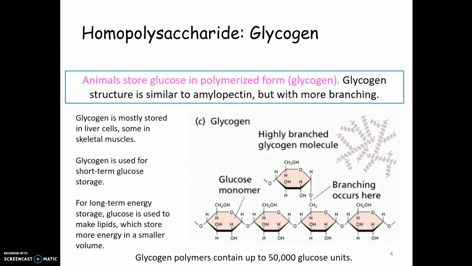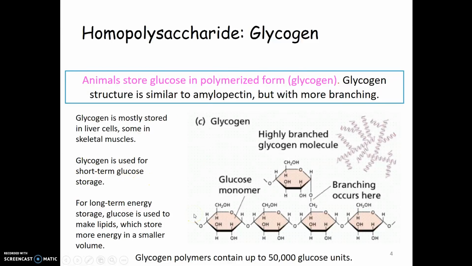All right, so if we look at glycogen, this is how animals primarily store their glucose, and this is used for short-term energy storage.